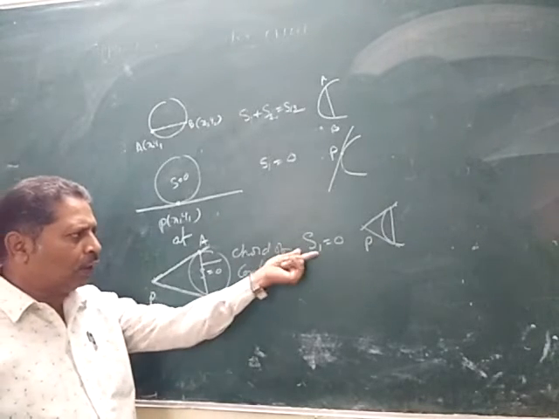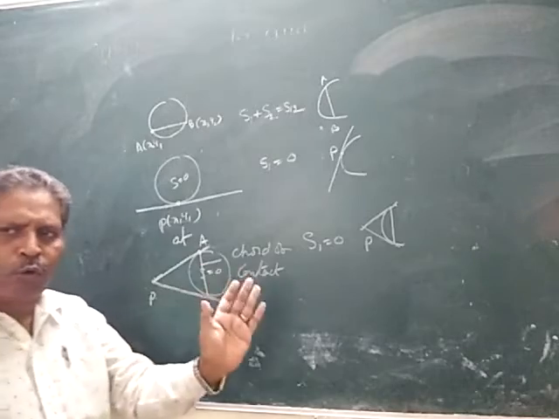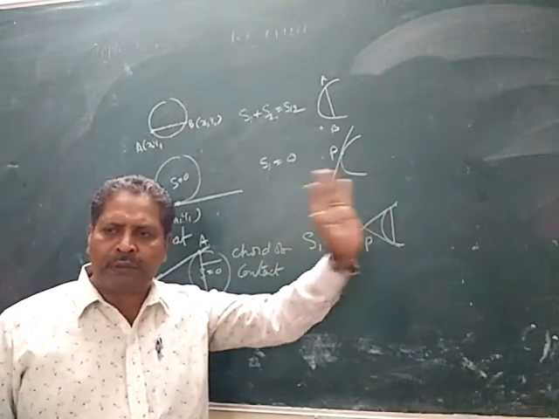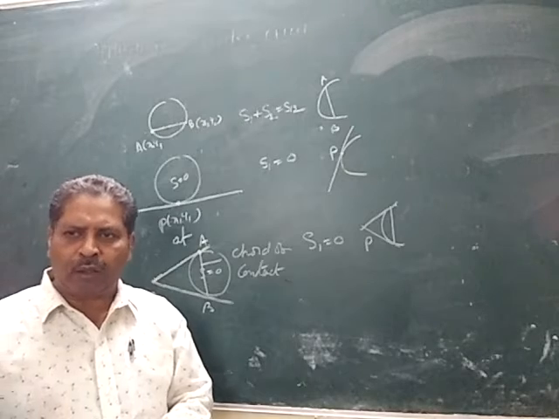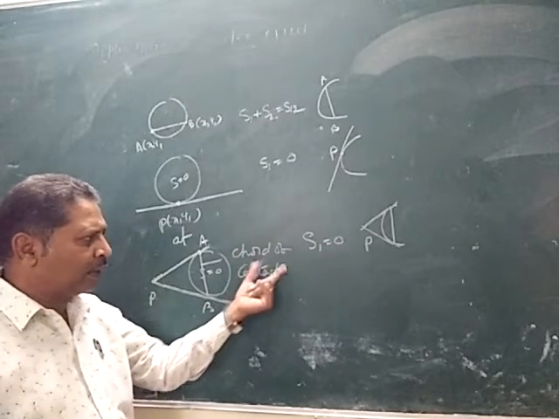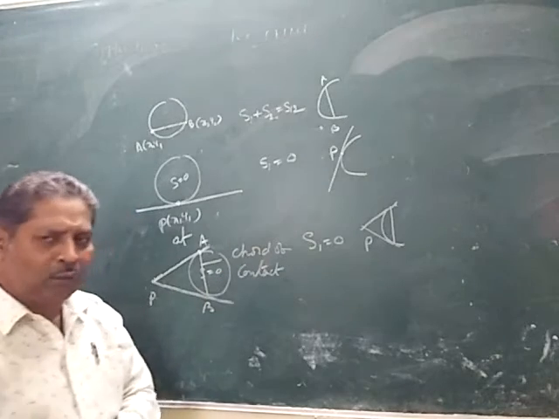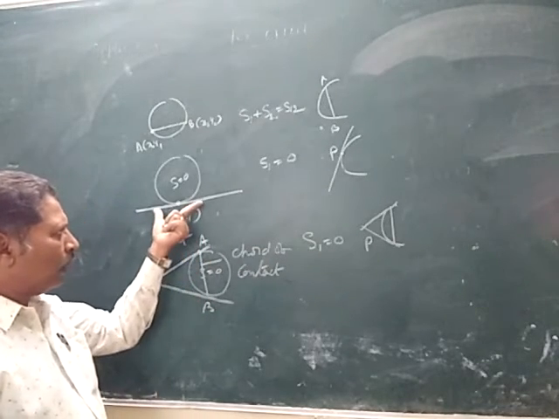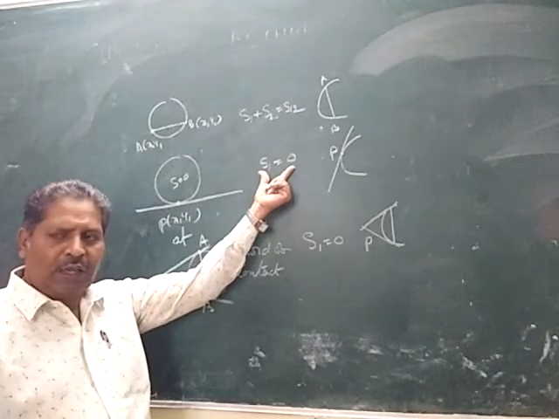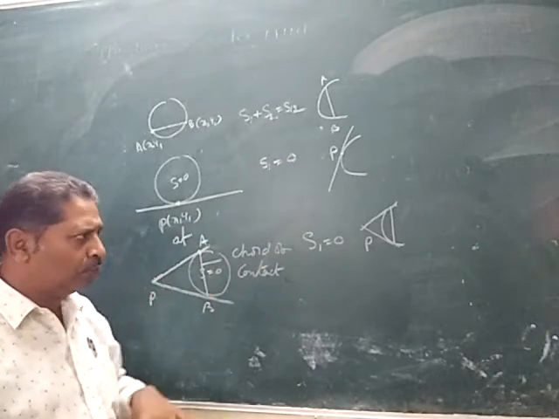In all four chapters, circle, parabola, and the coming chapters ellipse and hyperbola, the equation of the chord of contact is S1 equal to 0. Equation of the tangent at the point is S1 equal to 0.